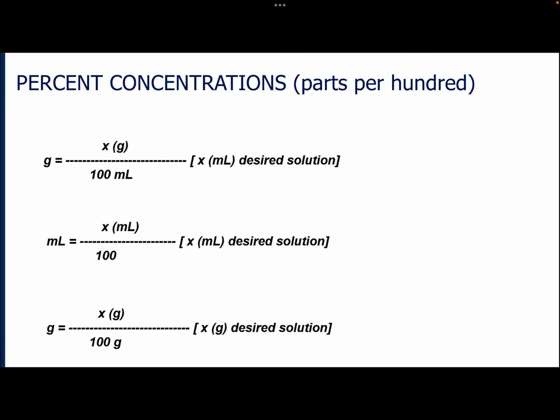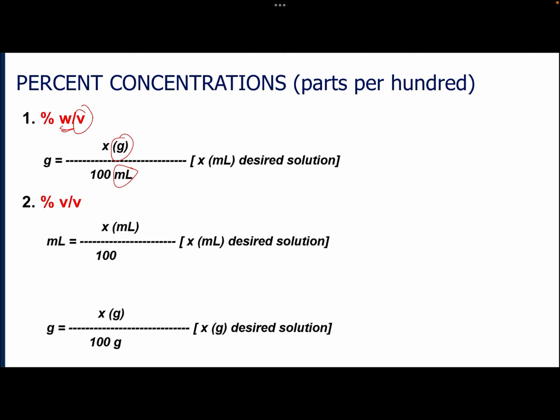Okay, so these are the derived equations to calculate the grams needed or the ml needed, if we have a given percent, then we will use these equations. For the first one, we have the percent weight over volume, again weight in grams and volume in ml.